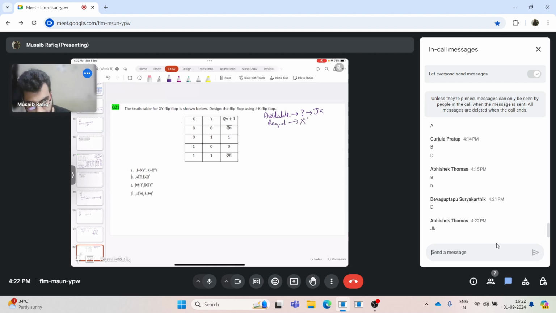It's XY. So point number two is write the characteristic equation, or draw the characteristic table for XY, that is the required flip-flop.